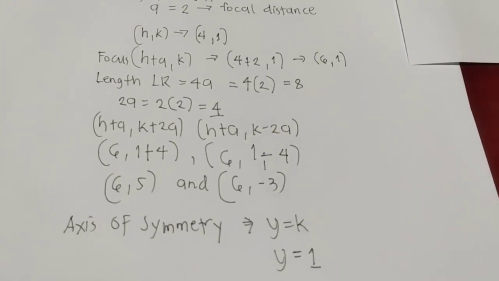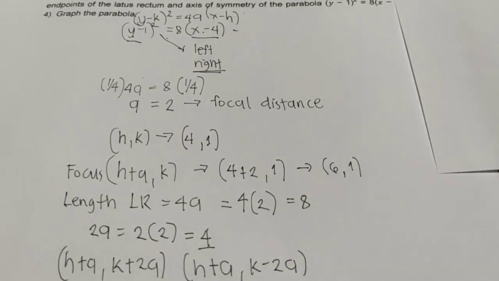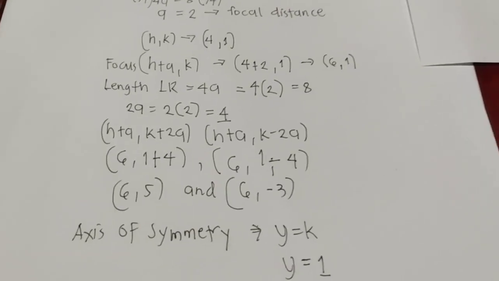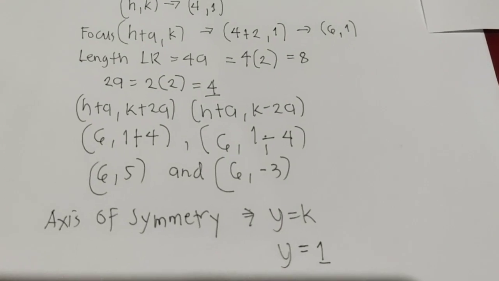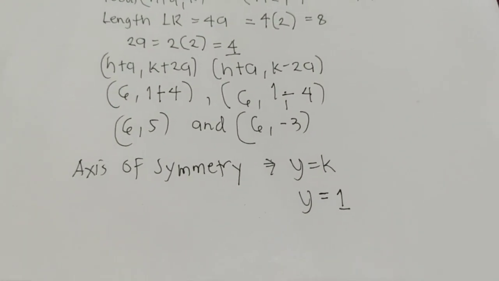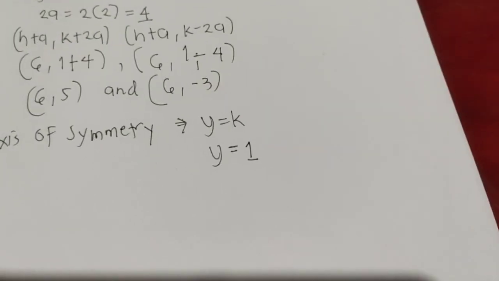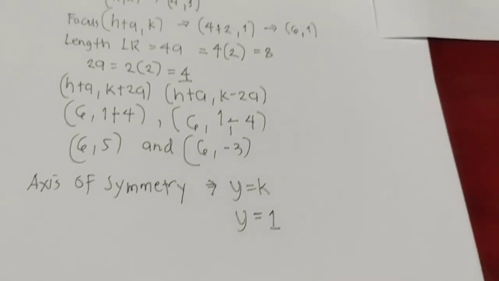The length of the latus rectum is 4a. The vertex is (4, 1). The length of the latus rectum is 4. The endpoints of the latus rectum are (6, 5) and (6, -3). And the axis of symmetry is y equals 1.